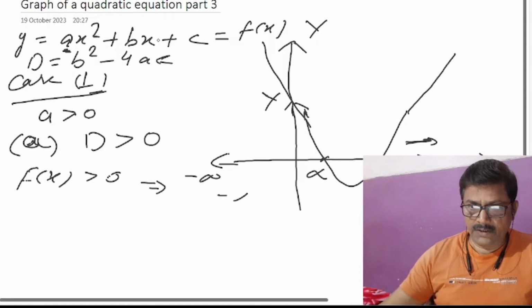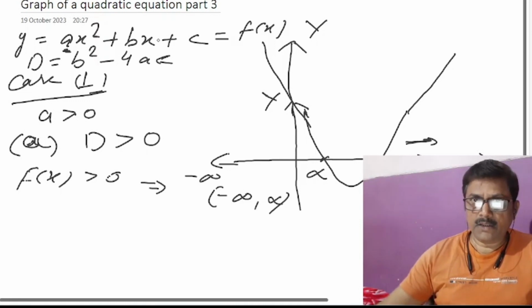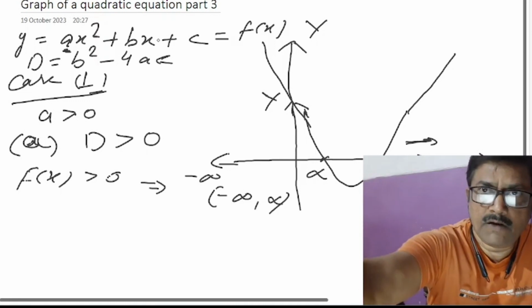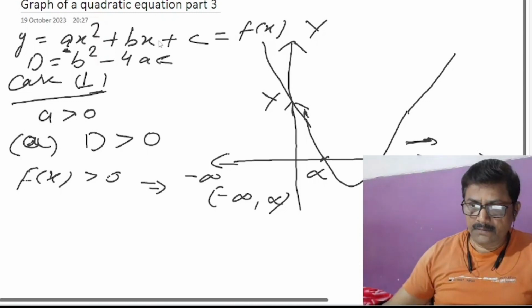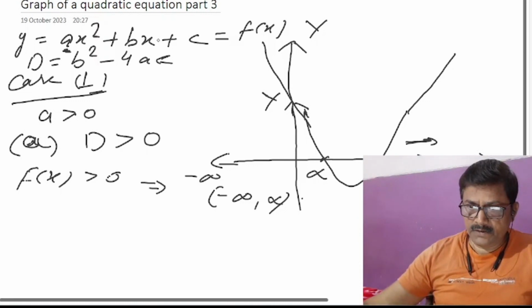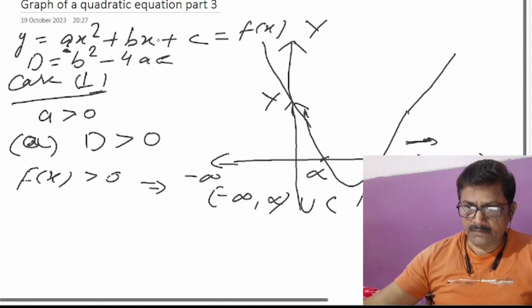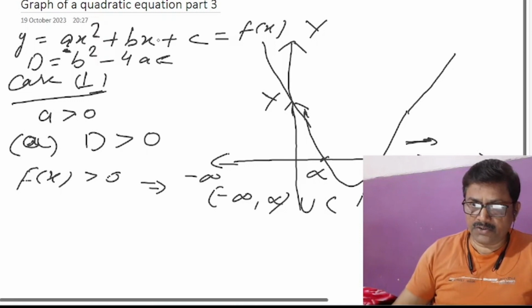Minus infinity to alpha, union beta to infinity. In this interval, y will be positive. The quadratic expression will be positive.